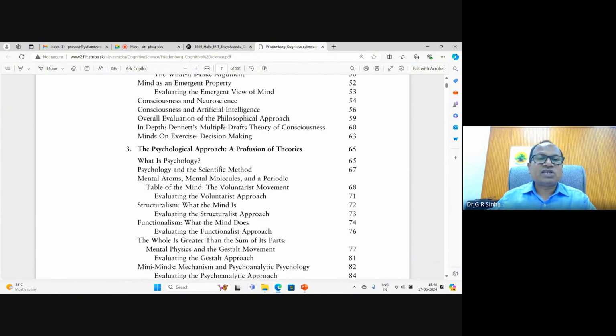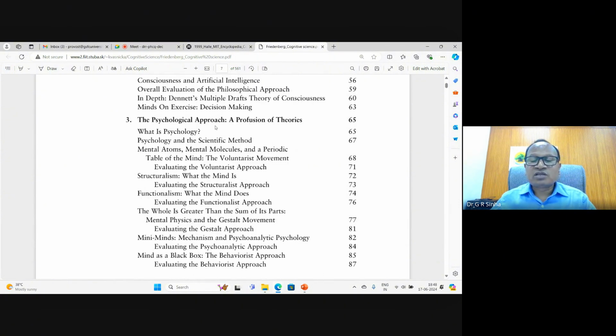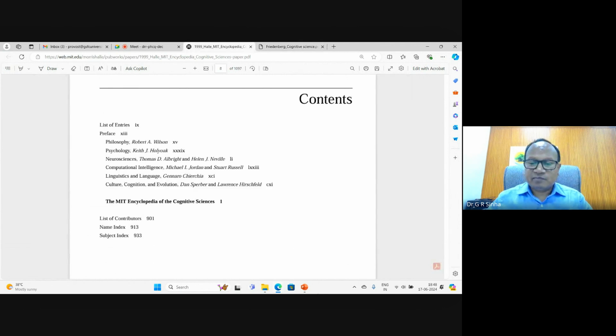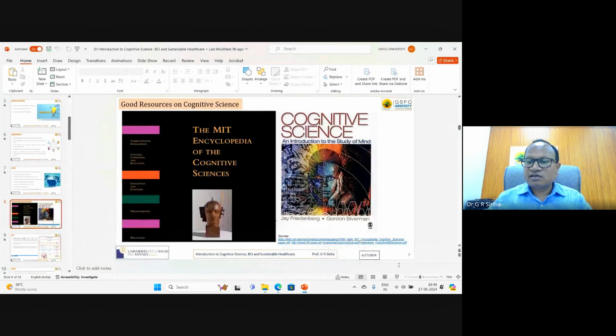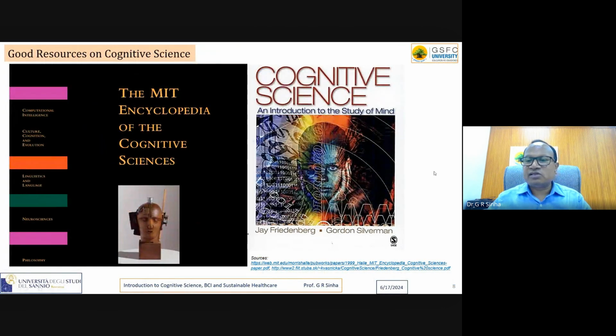Each approach is explained in detail. So if you want to know the psychological or neuroscience approach of cognitive science in detail, this is a good book to refer to. Let's come back to the PowerPoint. So these are the two books.